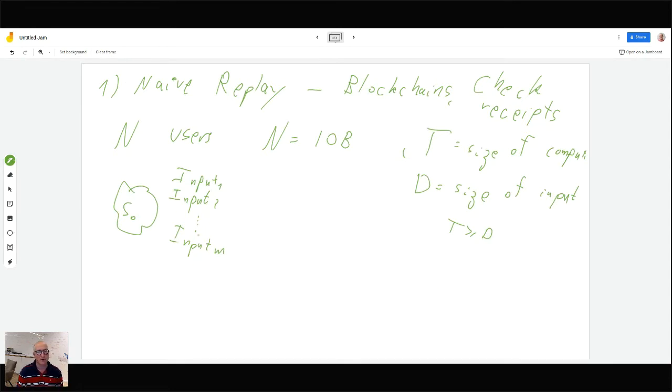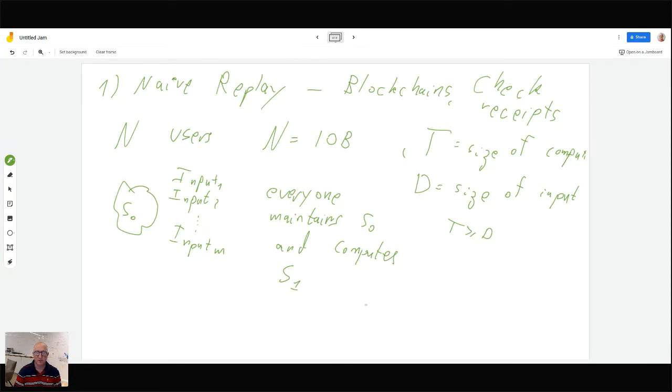The total size of all of this data is D. And now what happens is that everyone maintains the state S0 and computes the state S1. So we have n users, each one of them runs a computation of size t.